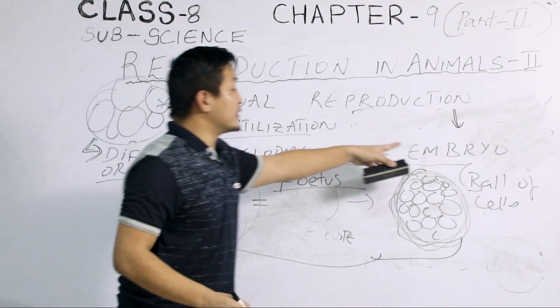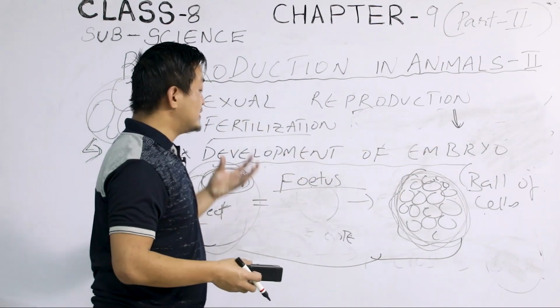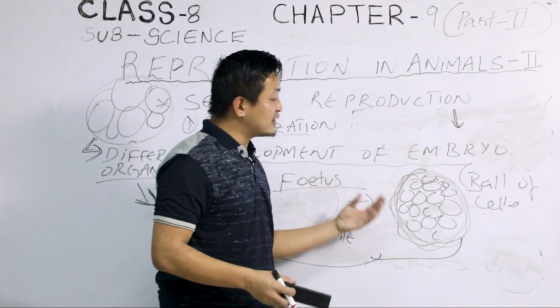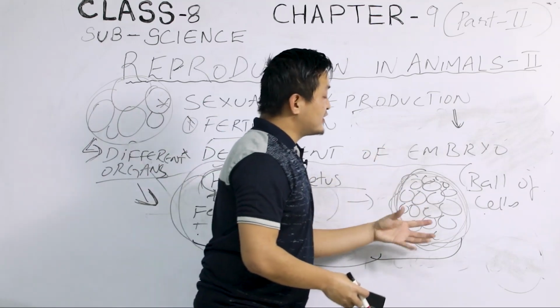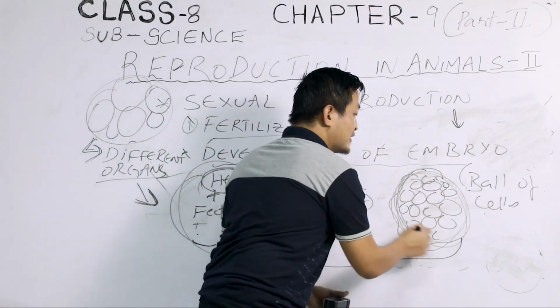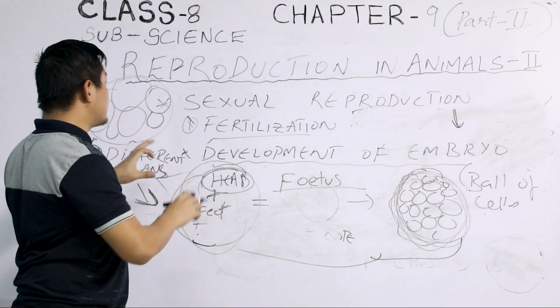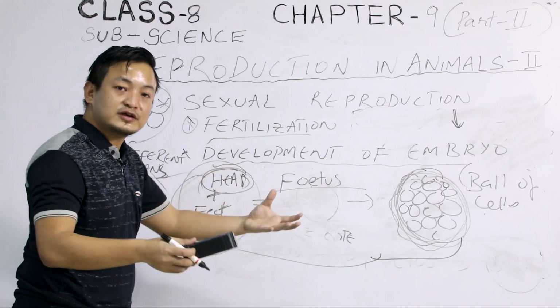Clear? So embryo means whatever journey that we are starting from zygote onwards, okay? From zygote onwards, we see the cells dividing, right? And then they are forming a ball of cells. Clear? And then the cells form different groups, and different groups then form different tissues.